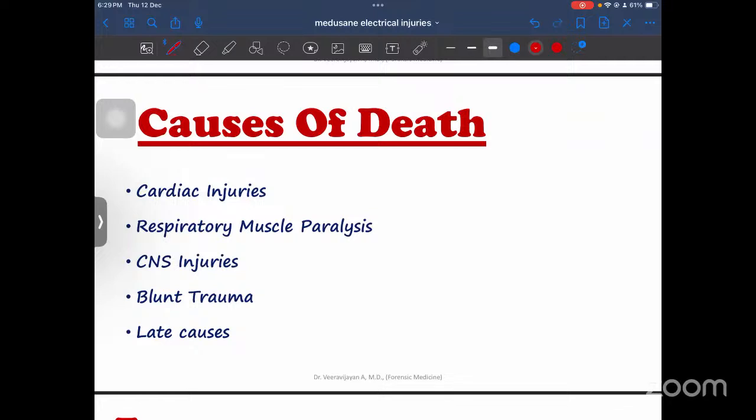In cardiac injuries, it causes arrhythmia. There are two different things here. AC current mostly causes VFib, ventricular fibrillation. DC current mostly causes asystole. These are the reasons for cause of death due to cardiac lesions.